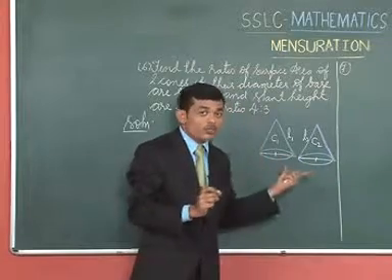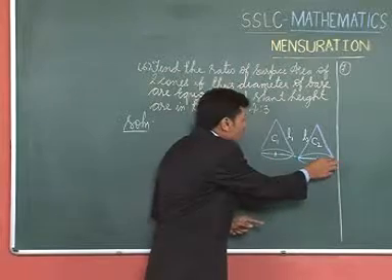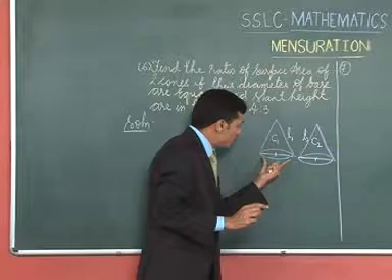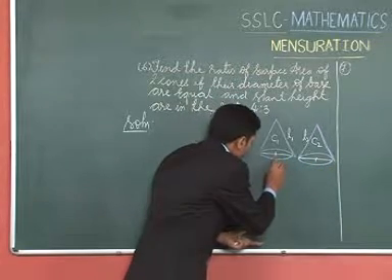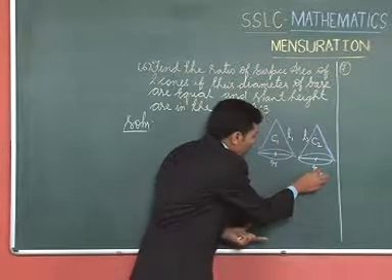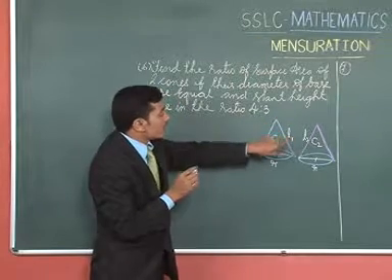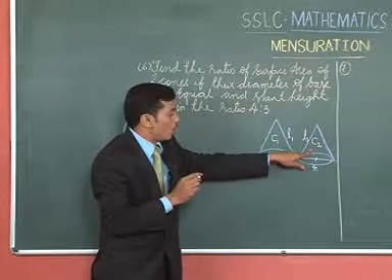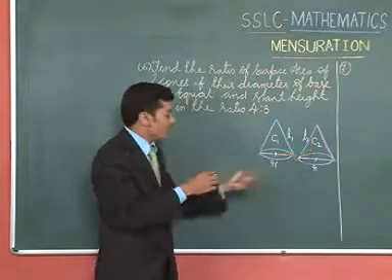When diameter of both the cones are equal, then invariably even the radius of both the cones are equal. The radius of this is equal to the radius of this. So, radius is r here and it is also r here. Coming to slant height, the slant height of this and this are in the ratio of 4:3.